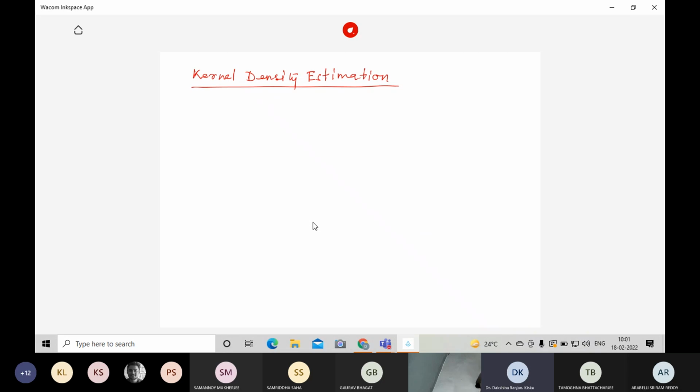Here we are interested in plotting out the data, and we can start to create a curve of this distribution. And the curve is calculated by weighting the distance of all the data points in each specific location along the distribution.